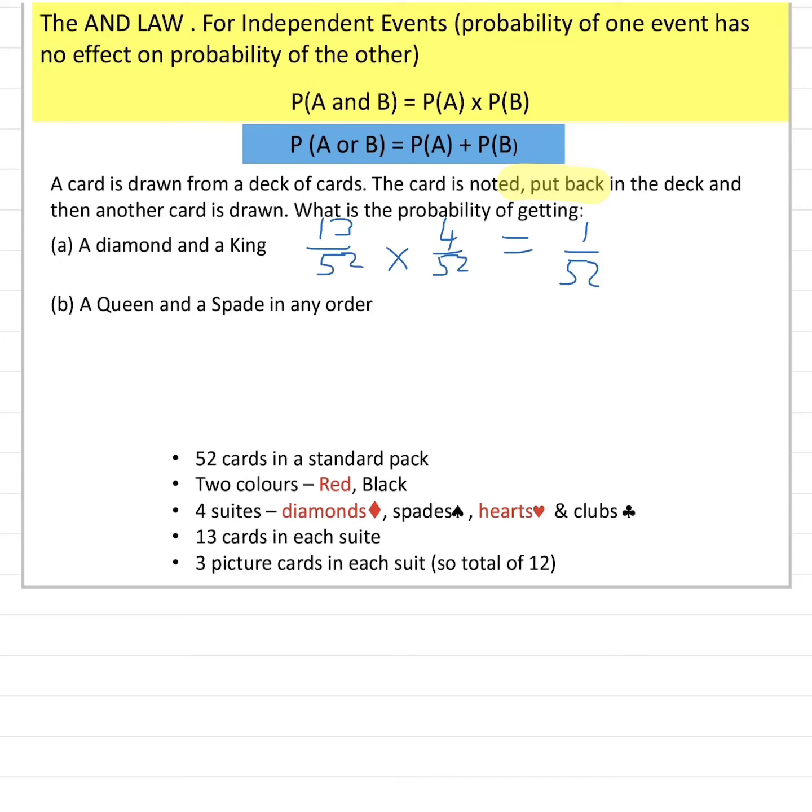Next one now, a queen and a spade in any order. So because it tells us in any order, that means we could have a queen and a spade plus the probability of a spade and a queen. So both probabilities, and then we'll add them together. So the first one here, for the queen and a spade, probability of a queen is 4 out of 52. Multiplied then by the probability of a spade, which is 13 out of 52.